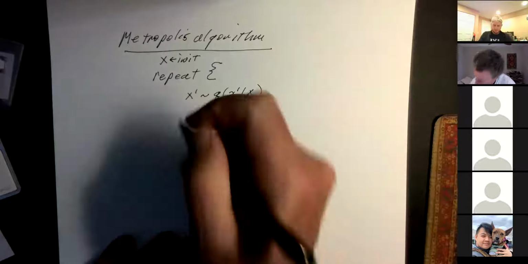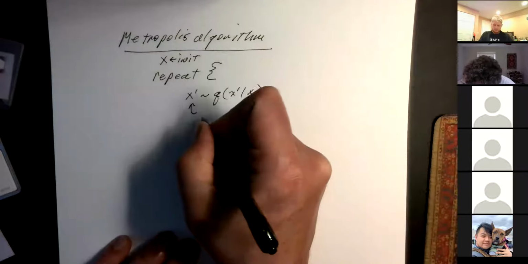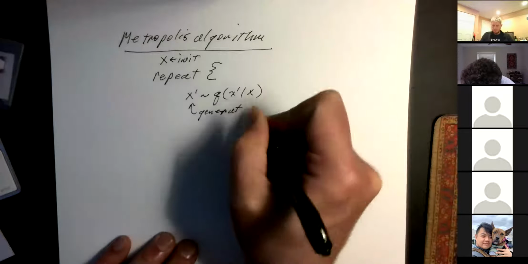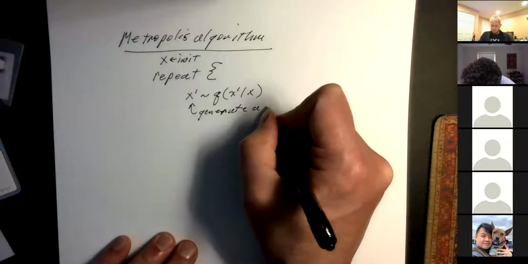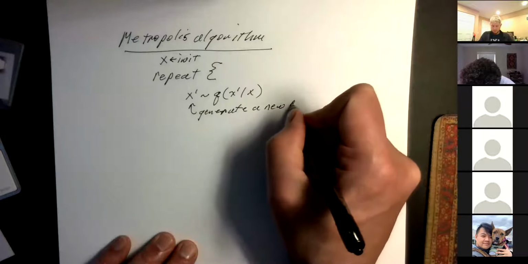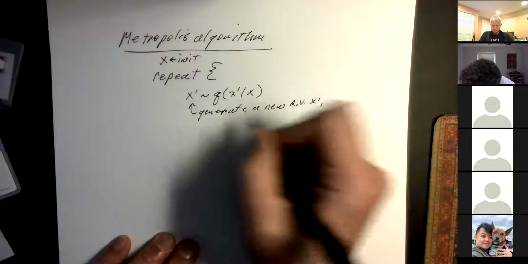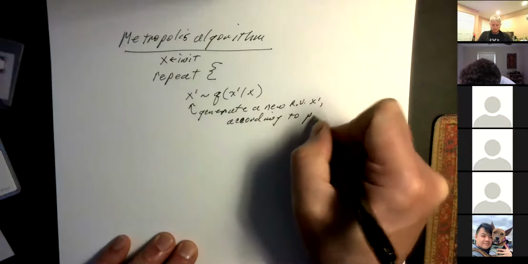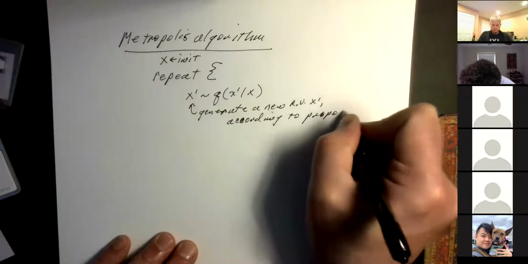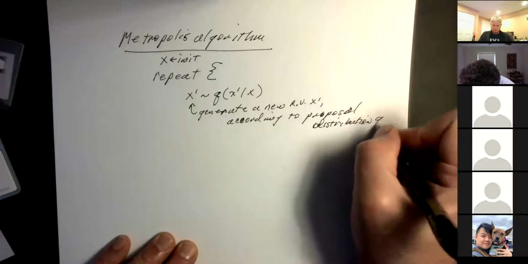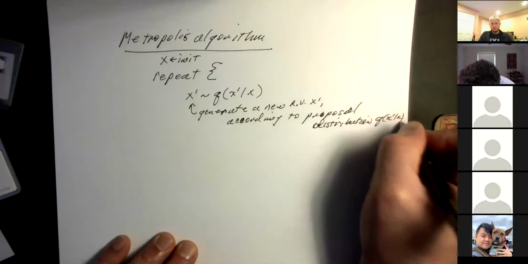Okay, so this is: generate a new random variable x prime according to proposal distribution Q of x prime given x.